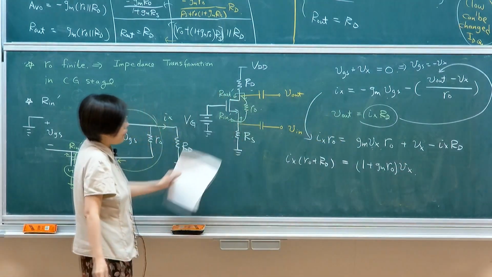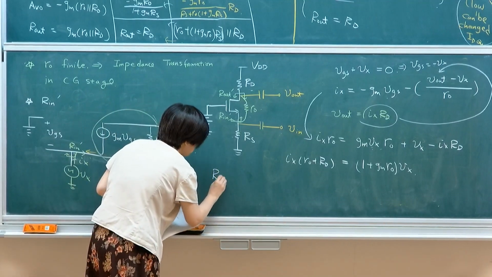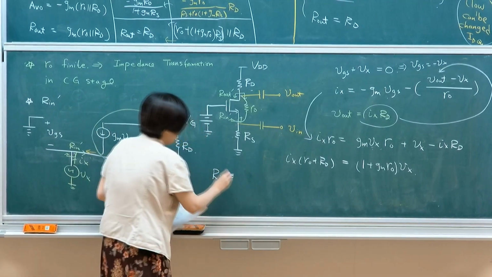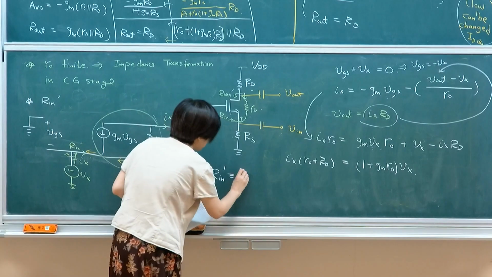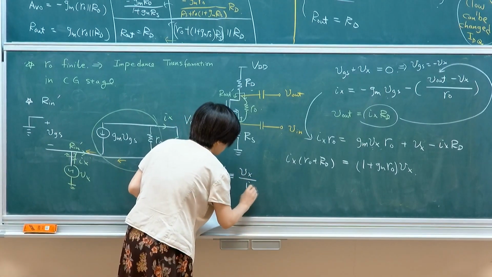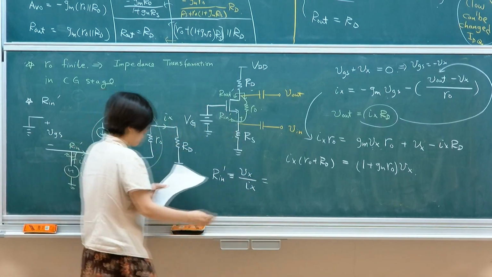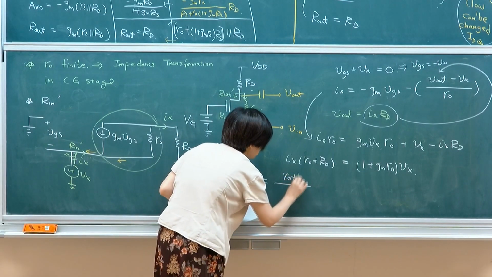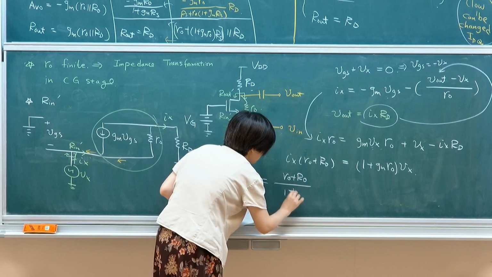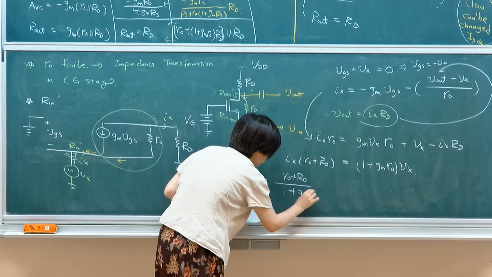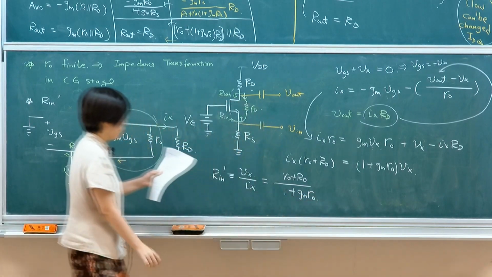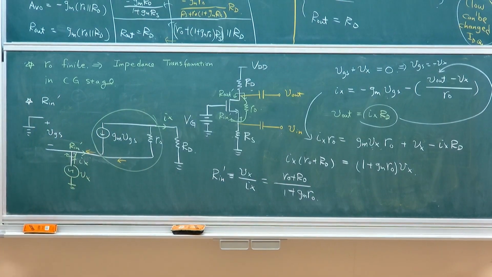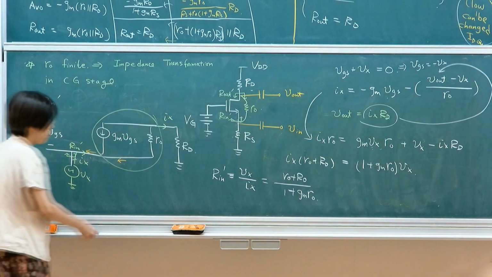So finally, go back to what we're actually trying to do, which is to find R_in prime, which is Vx over Ix. In this case, it will be (RO plus RD) over (1 plus gm RO).